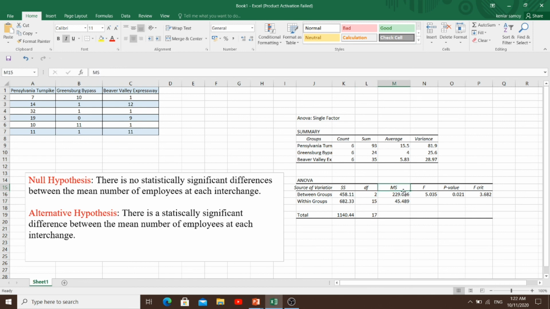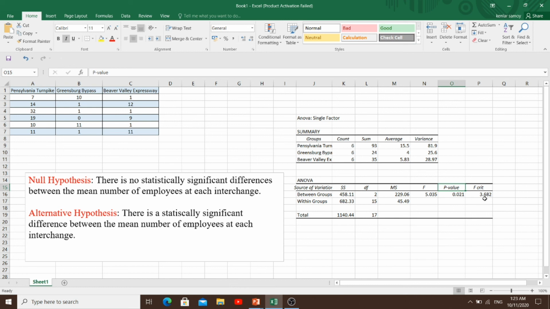The mean square is 229.056 between groups and 45.489 within groups. The F statistical value is 5.035 or 5.04. The P value is 0.021 and the F critical is 3.682.